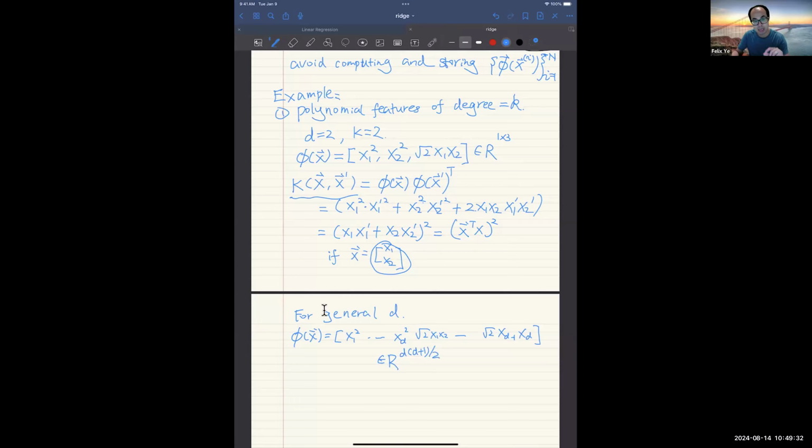You can see that if we work with the general d, the dimension of the feature space is significantly bigger. This is a much bigger number. As a result, for this k, you can do the same calculation with x and x prime, the same math, and you find out this is precisely the same.